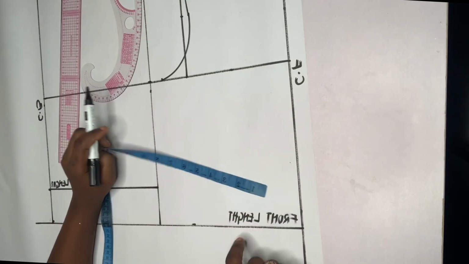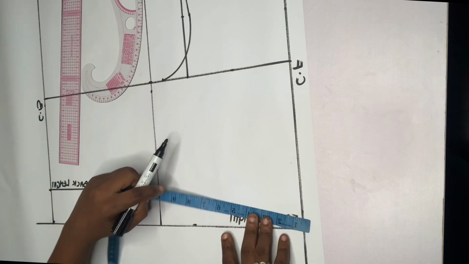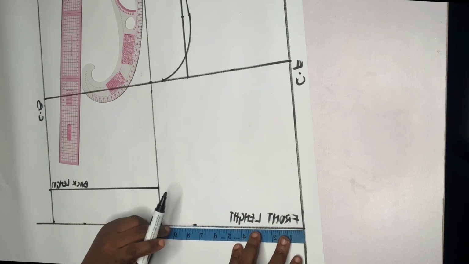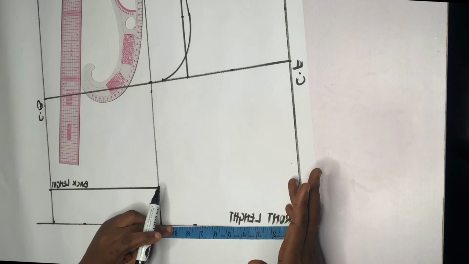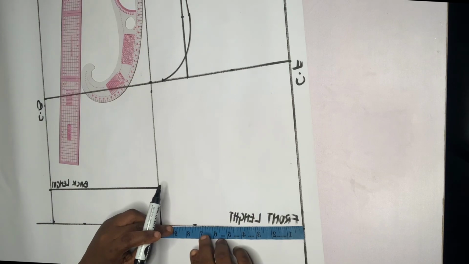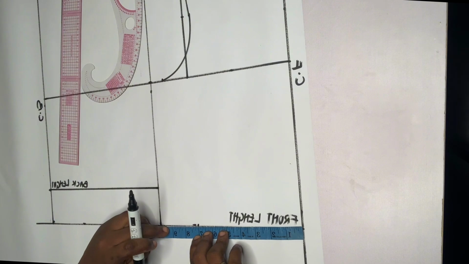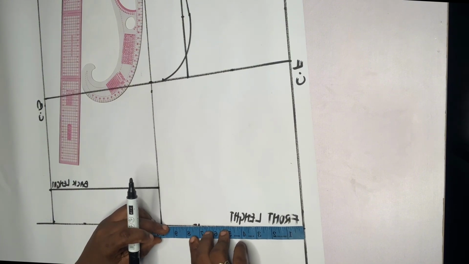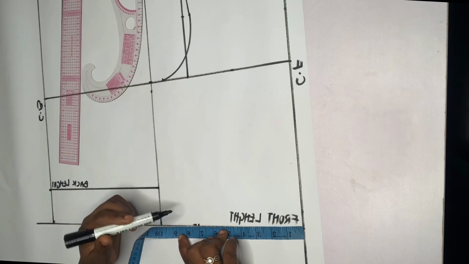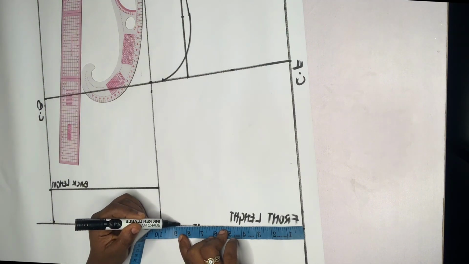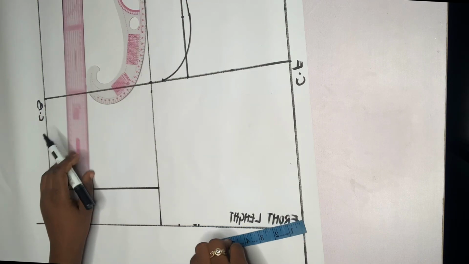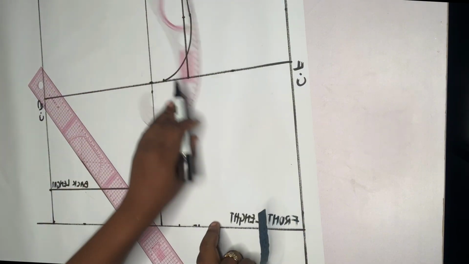So the next thing we do now is to go to our waist line. That is the 18 inches mark that we took, the front length, and that is where we take our waist measurement. The waist I'm working with is 28. 28 divided by 4 is 7. I'll mark my 7 inches, and then for me, I take that of 1.5, that's 0.75 on both sides.